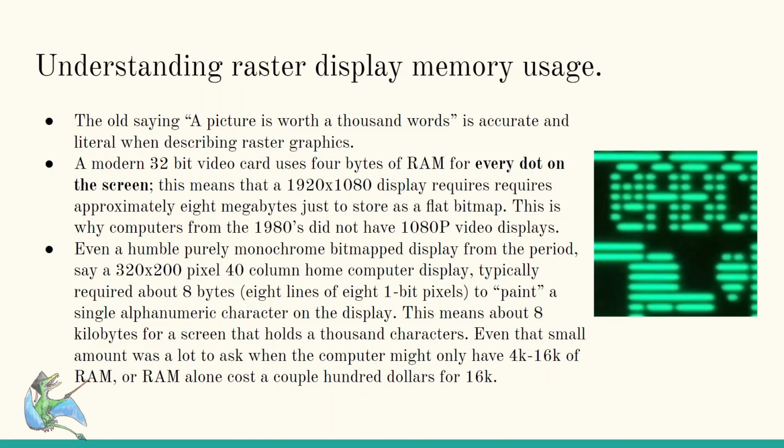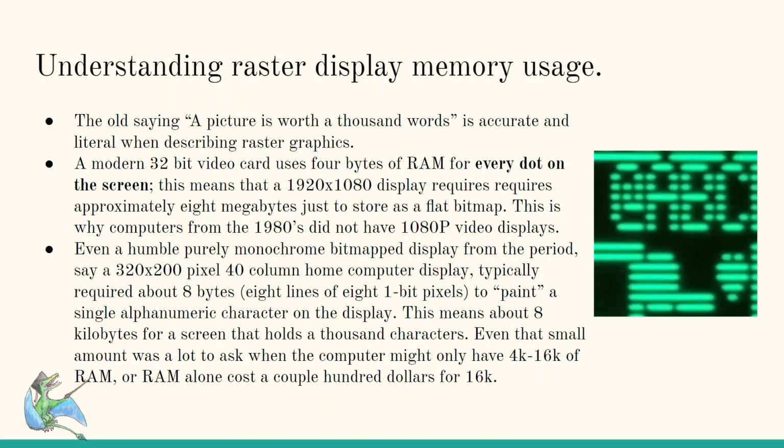Each letter will usually be between 6 and 8 dots wide, which will generally be a byte. And then it's usually at least 7 or 8 dots tall, generally 8, because you'll have 7 lines in the character, and then there'll be a blank line in between.